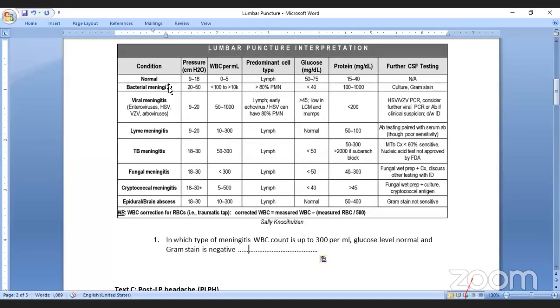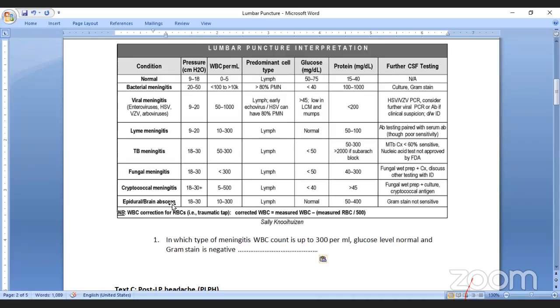I didn't choose this one, but we can also. It is less than 100 to more than 10,000, so it could be. But then glucose normal. In which is glucose normal? We have two normal: Lyme and epidural.